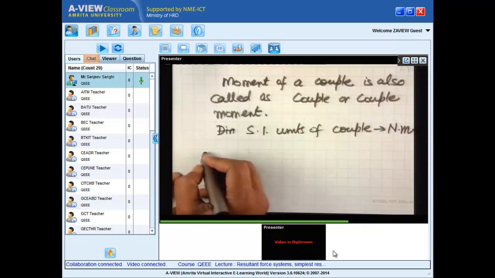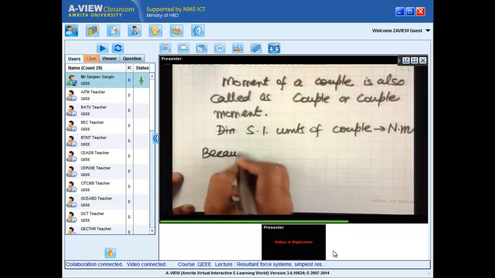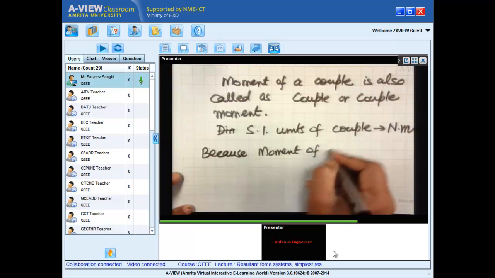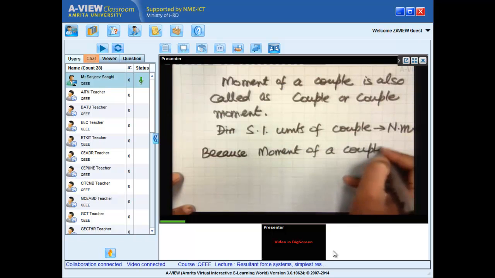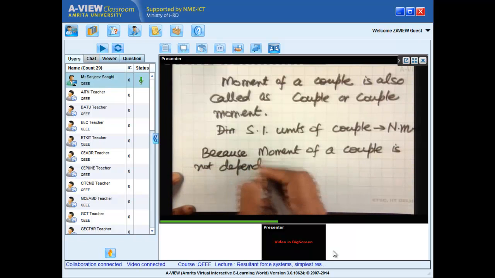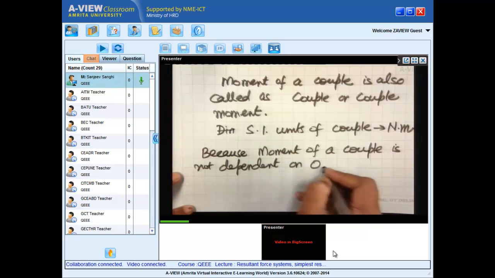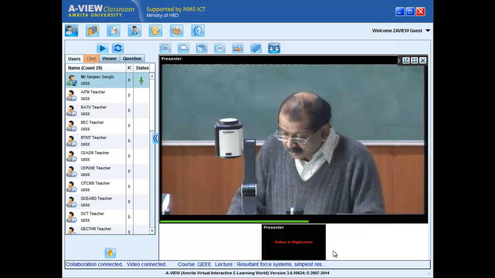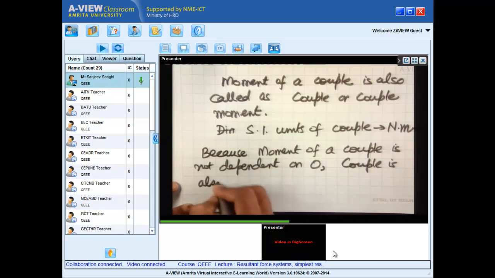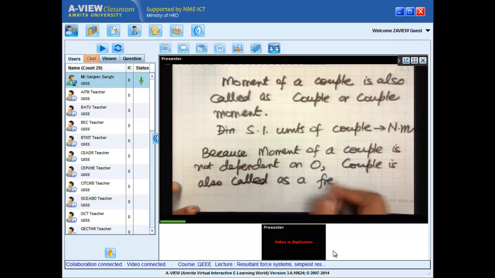Now because the moment of a couple is not dependent on O, it is the same, a couple is also called a free vector.